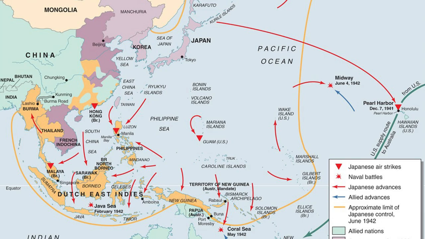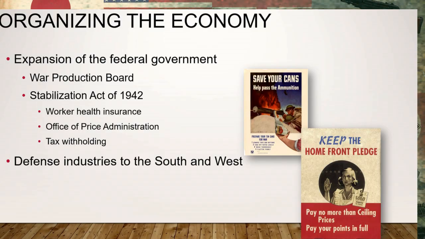Now, in order to fight this war, we are going to have to organize at a level that we have never done before. We had some practice in World War I in mobilizing the economy, and by that I mean everything has to be controlled. We have a free market today, but in World War II, in order to make things happen, it is all run by the government.